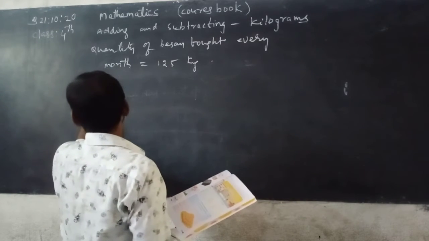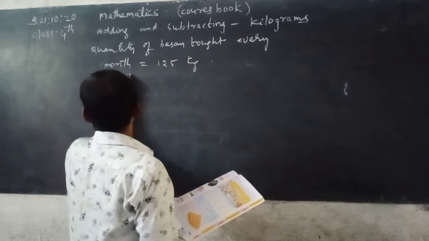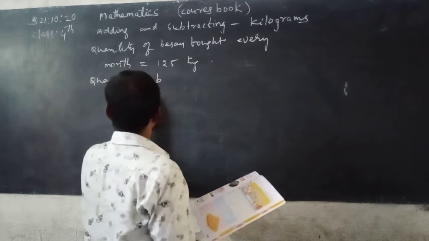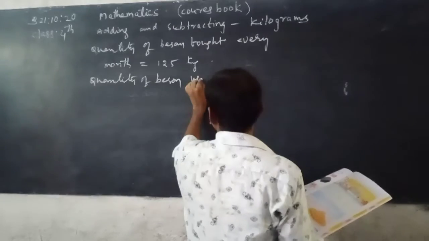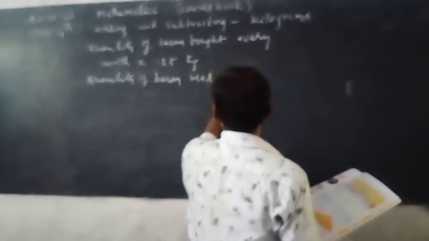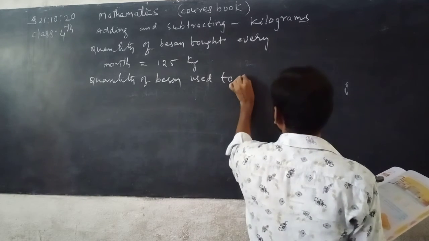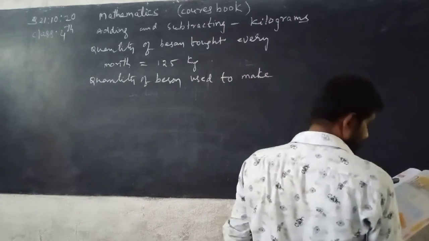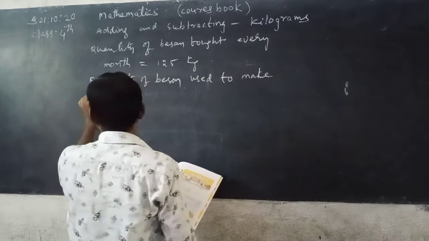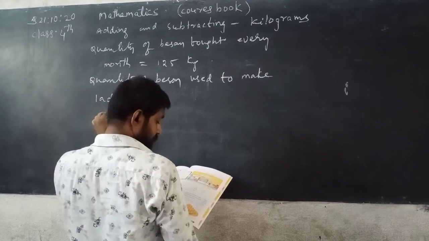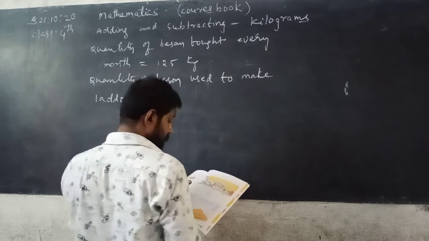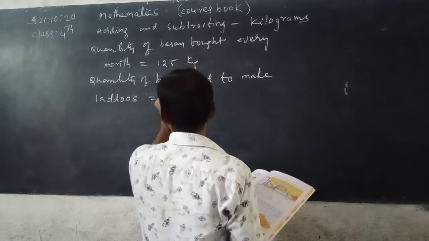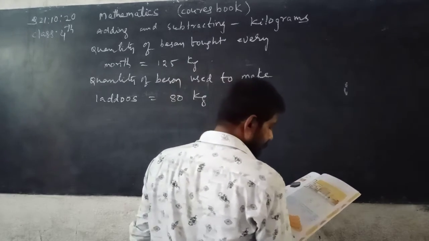Quantity of besan used to make laddus is equal to 80 kg.